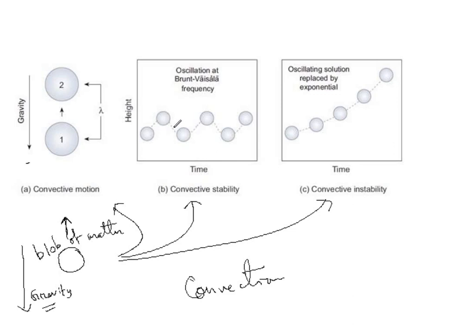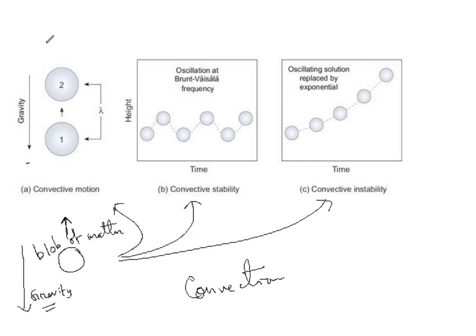and because of this, the blob executes a stable oscillation, sort of like this, around an equilibrium height with a frequency, and that frequency is known as the Brunt-Väisälä frequency. Okay, so this is when the region is convectively stable, and this is the present case.